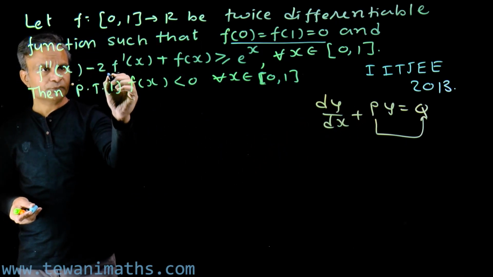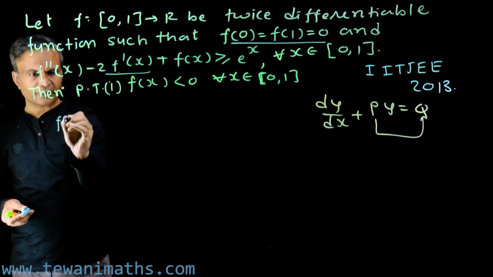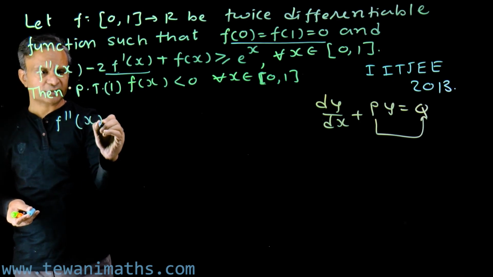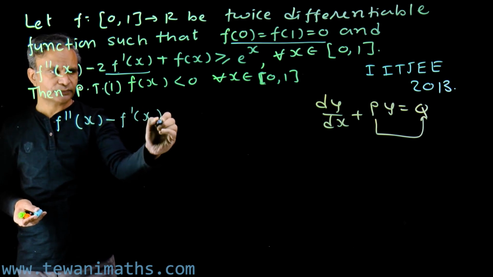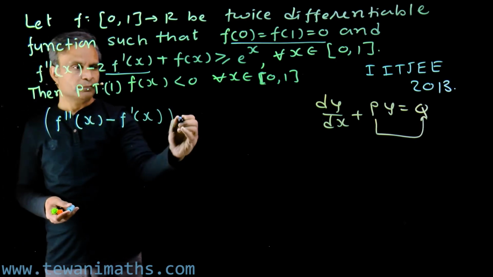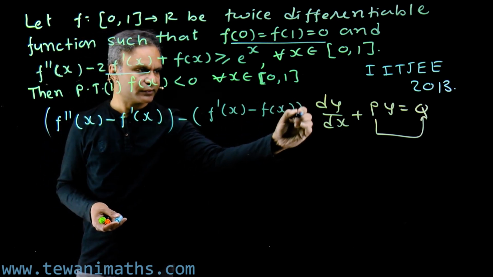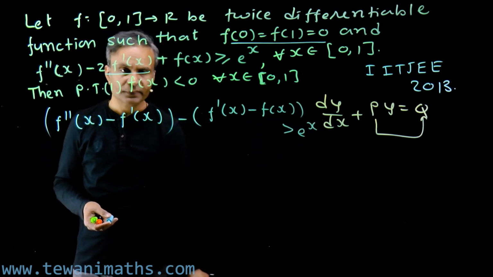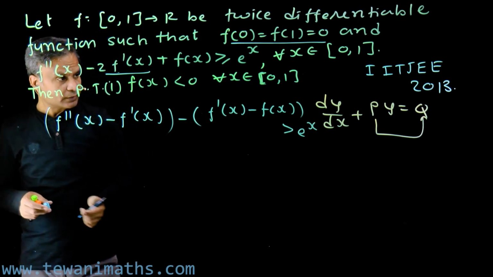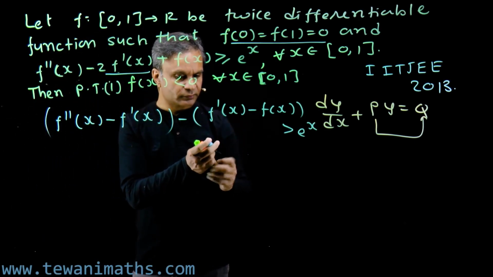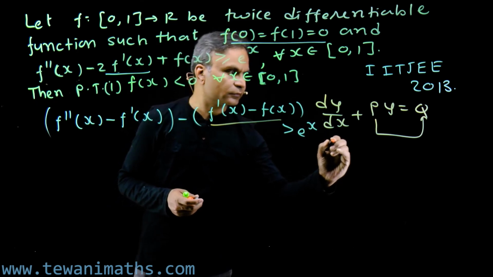How can we put this in this form? We can split 2f'(x). We can write it like this: f''(x) - f'(x) - (f'(x) - f(x)) greater than or equal to e^x. लिख सकते हैं इसे. Now we can compare these two expressions.